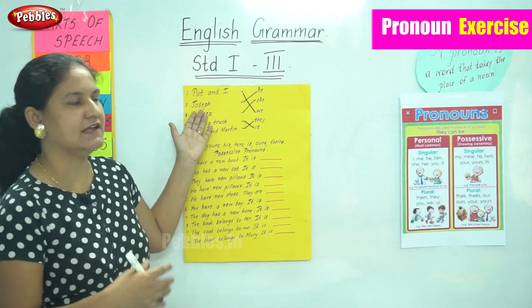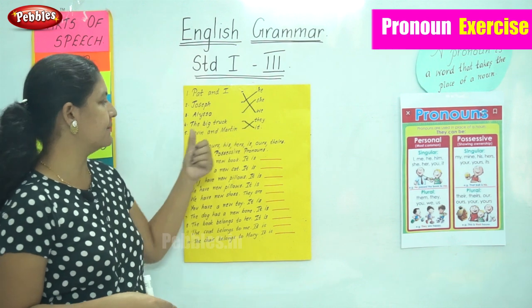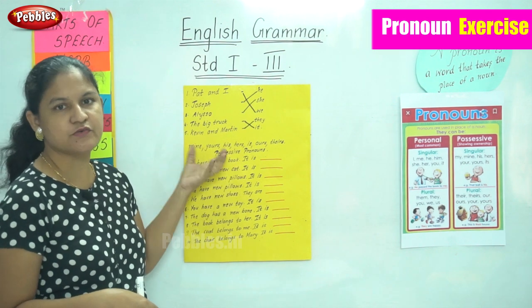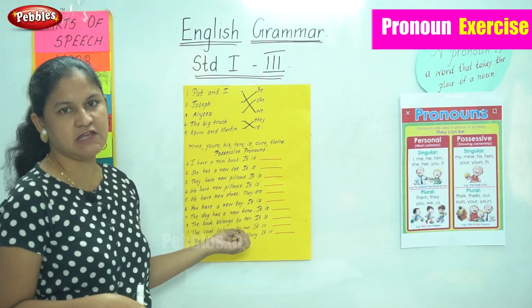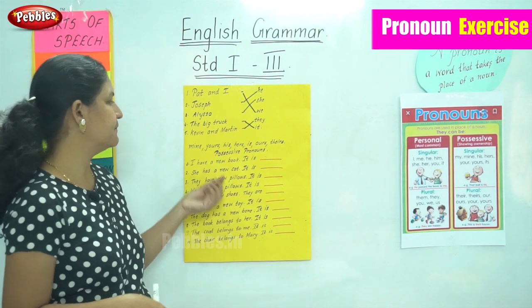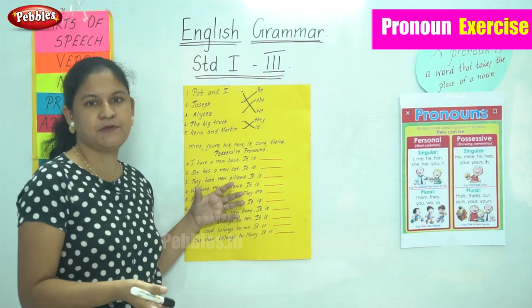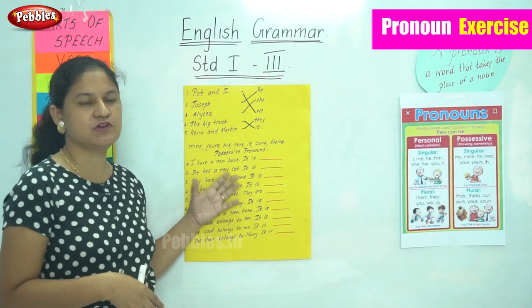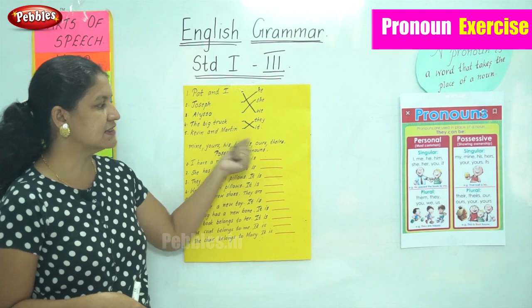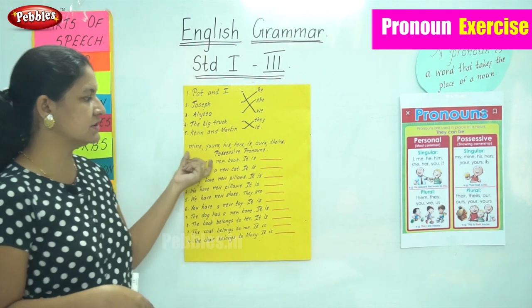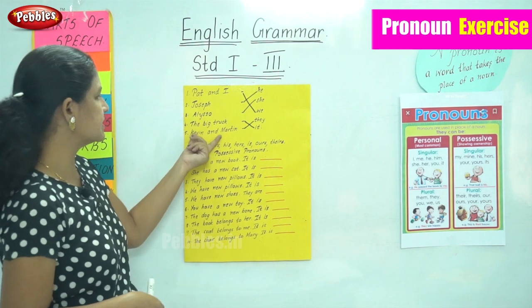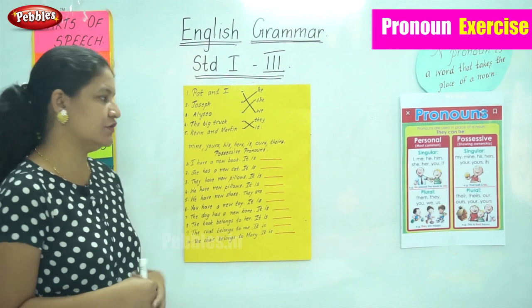Joseph, he. Aliso, she. The big truck, it, a non-living thing. Kevin and Martin, they. So these are all the pronouns that are being used.